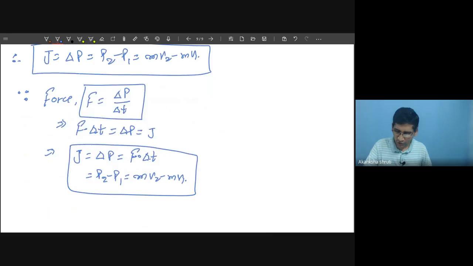Impulse is basically the product of force and the time interval for which the force is applied.